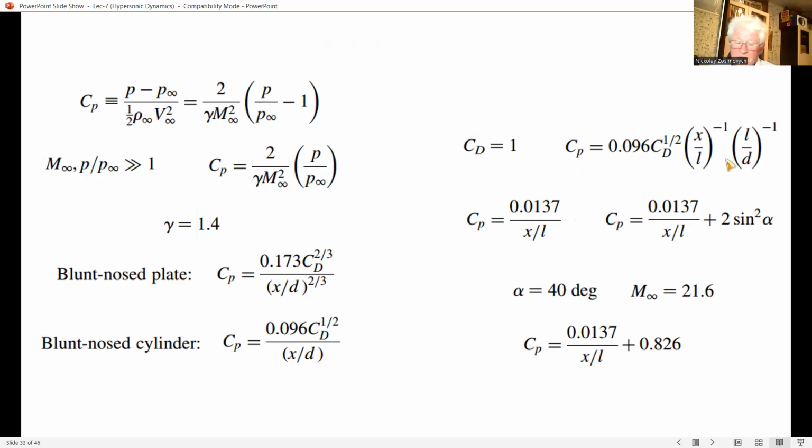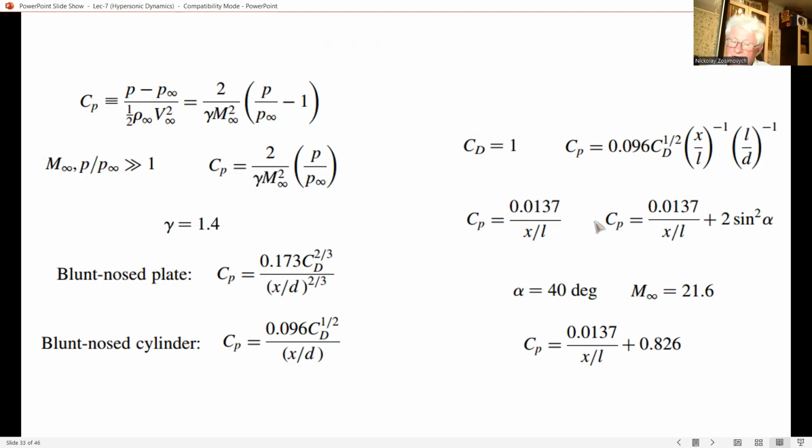And from here, we can obtain a very simple expression for the coefficient: Cp equals 0.0137 divided by x over L.